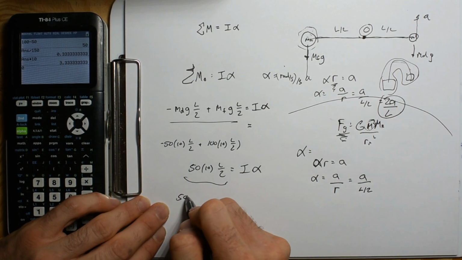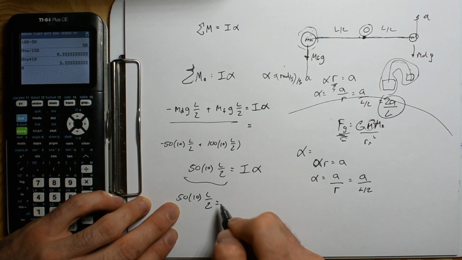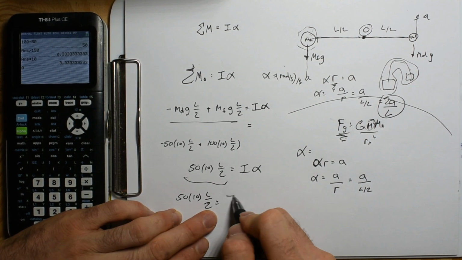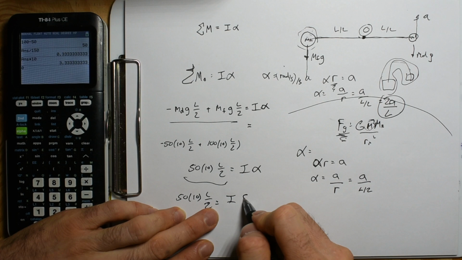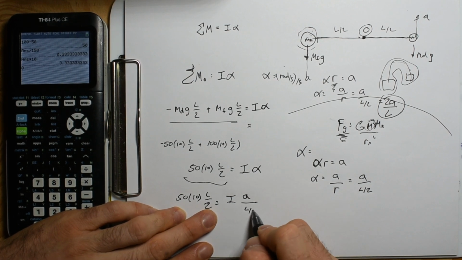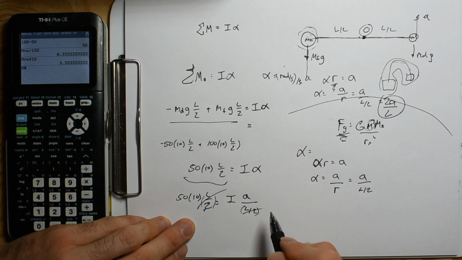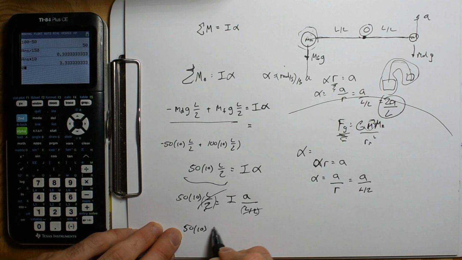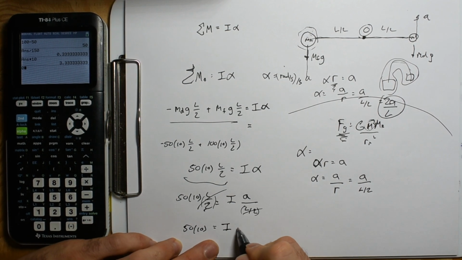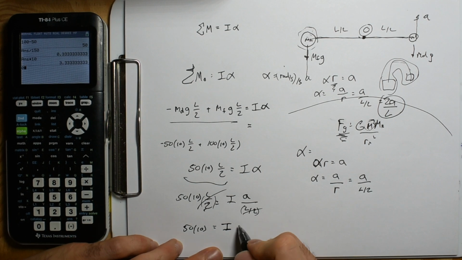So we have 50, 100, L divided by 2 is equal to moment of inertia times acceleration divided by L divided by 2. And then we have this up top, this downstairs, so we can cross that out. So now we have 50, 100 is equal to the moment of inertia times A.